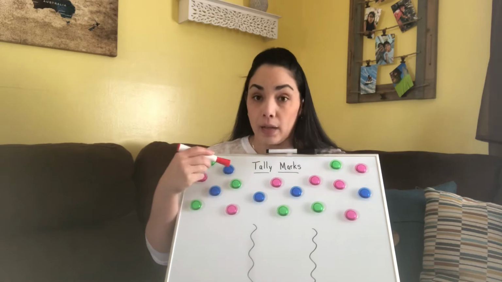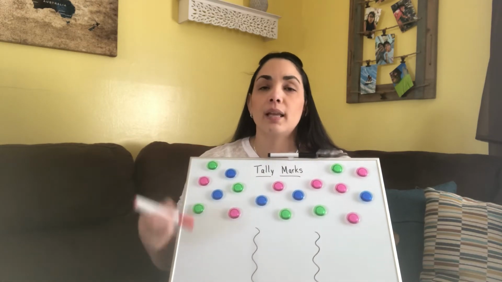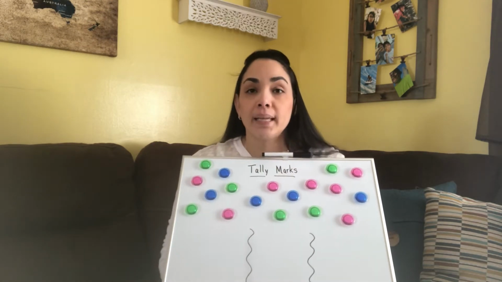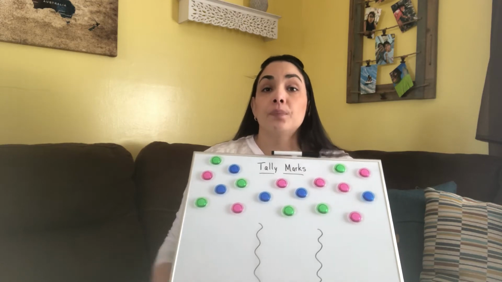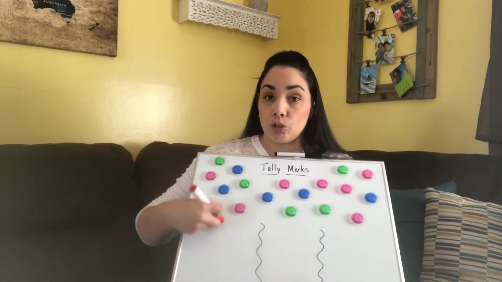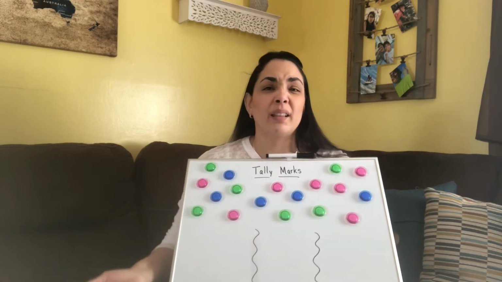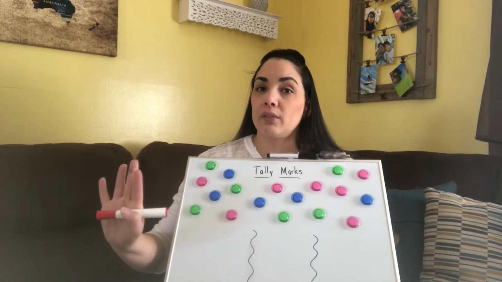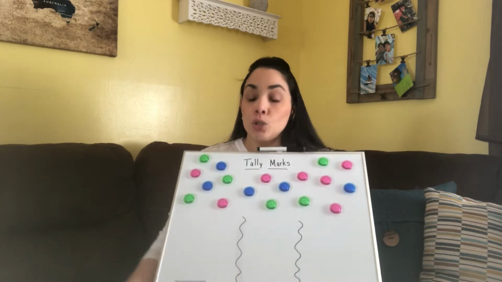We're going to mark a tally for every one of those pink magnets. After the 4th one, we're going to start making straight lines down. Once we have 4, then we cross out 5. That's what helps us know, okay, I have 5 right there, so that we can count by 5s.